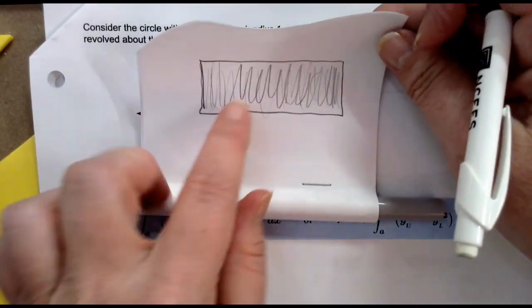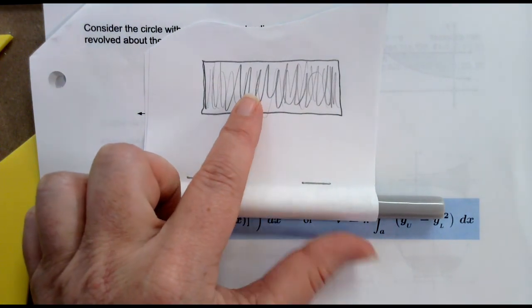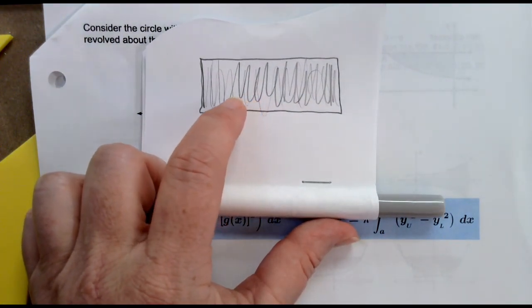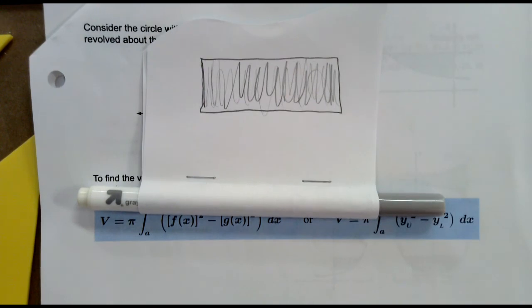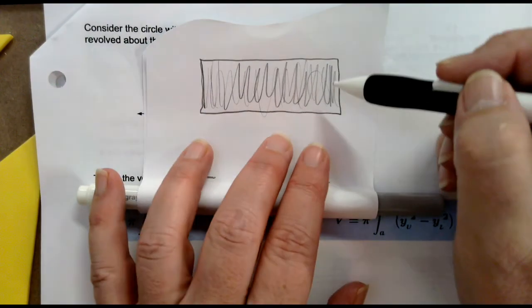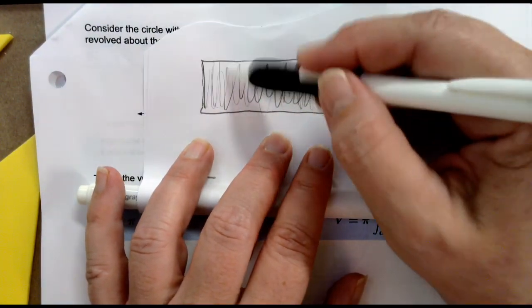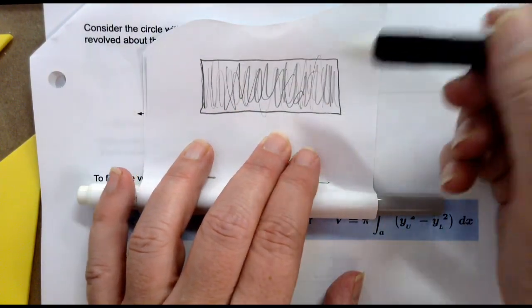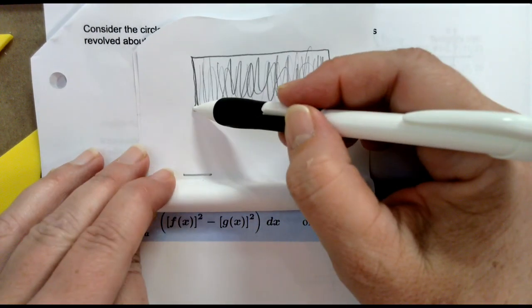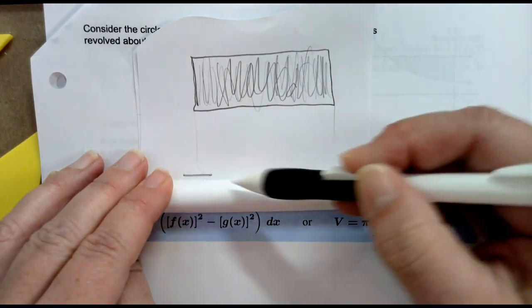But then do you see that it would be like a washer? Like a washer you put on the end of a nut, if you will, a bolt and a nut, right? So the thing is, this is not going all the way down to the x-axis.